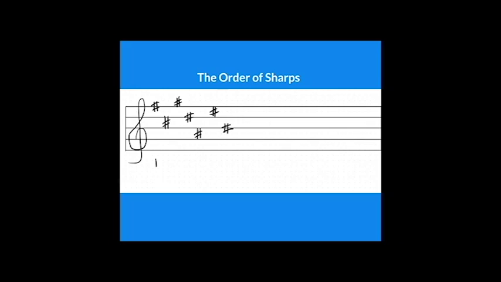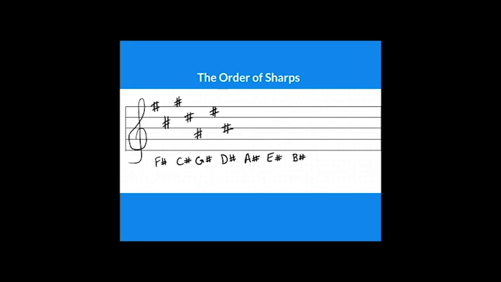So again, that's F sharp, C sharp, G sharp, D sharp, A sharp, E sharp, and B sharp.